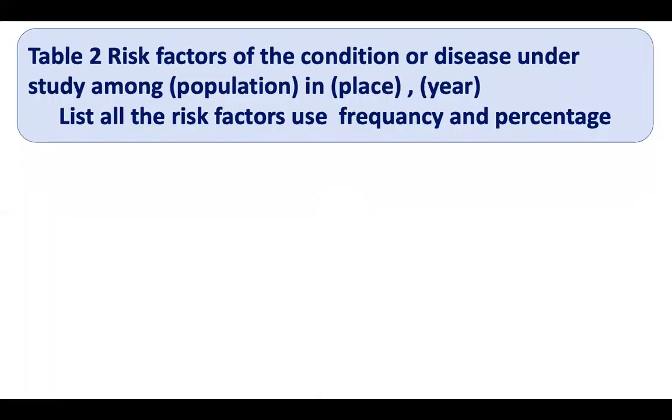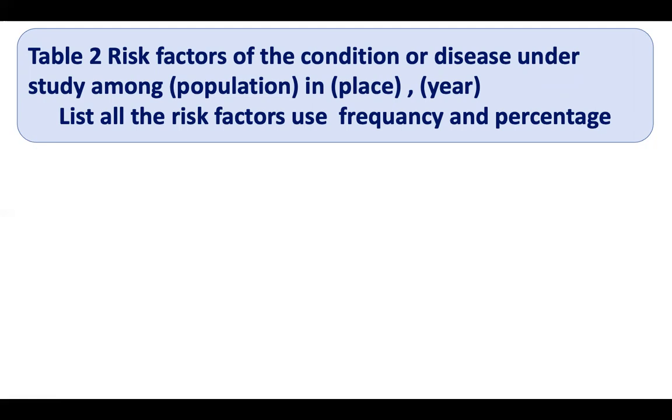Table 2 can be risk factors of the condition or disease you have, for example, risk factors of hypertension, risk factors of anemia among population, among male, among adults, among children, in Jeddah, the place, and the year 2022.